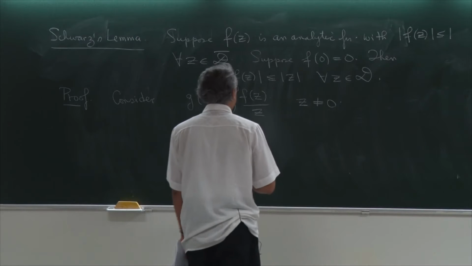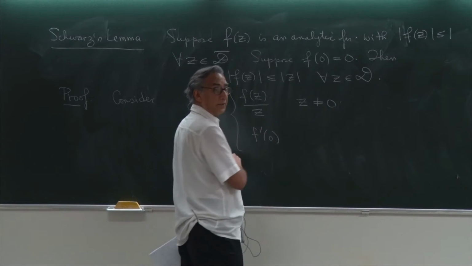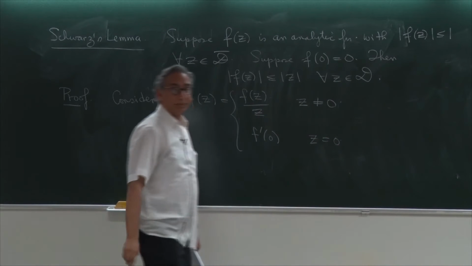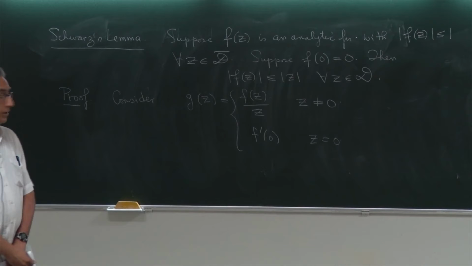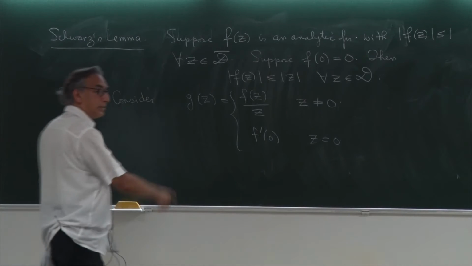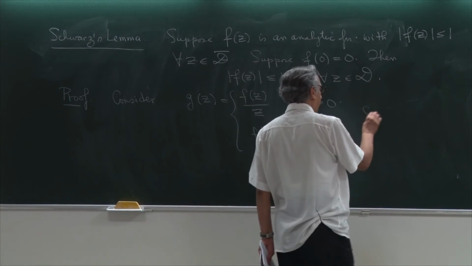And for z equal to 0, just define it as f prime of 0. Because f of 0 is 0, we'll define g of z to be f prime of 0 at z equals 0. f is an analytic function, so the derivative exists and so on. So it's easily checked that this is now analytic. Clearly, g is analytic.